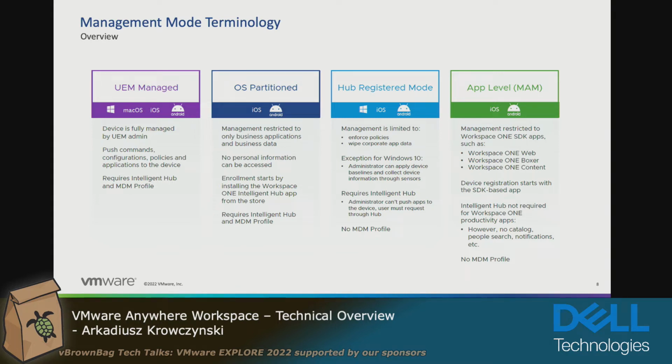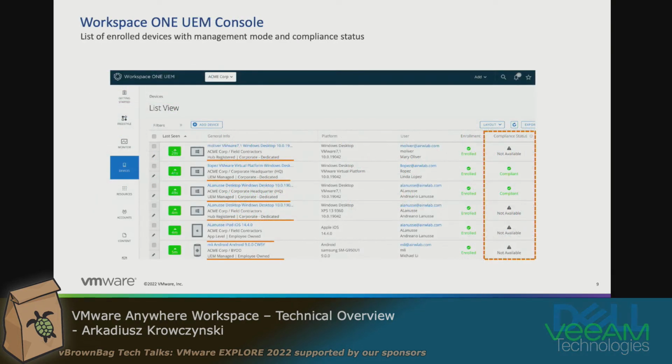Then we have the Hub registered mode for a use case where maybe your Windows or mobile devices are managed by a third-party vendor that is not Workspace ONE. Here we can use the Hub registered mode, mainly focused on bring your own device. And last but not least, we have the app level, or MAM type, so we can even onboard devices with our SDK apps like Boxer, Workspace ONE Web, or Workspace ONE Tunnel. So this is how things work.